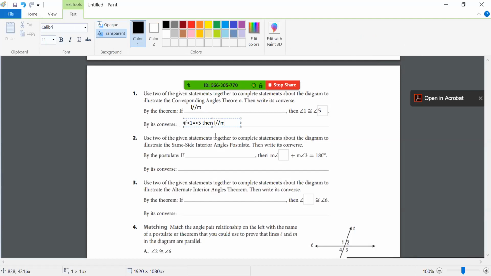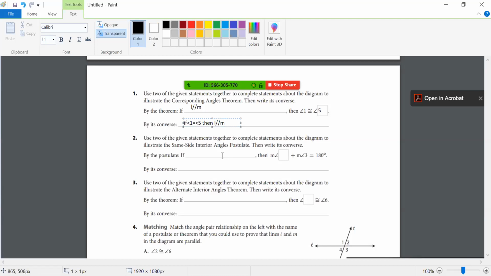Okay, what about the same side interior angle postulate? Let's see what is the same side interior angle with angle 3 in our figure. With angle 3, it's angle 6.